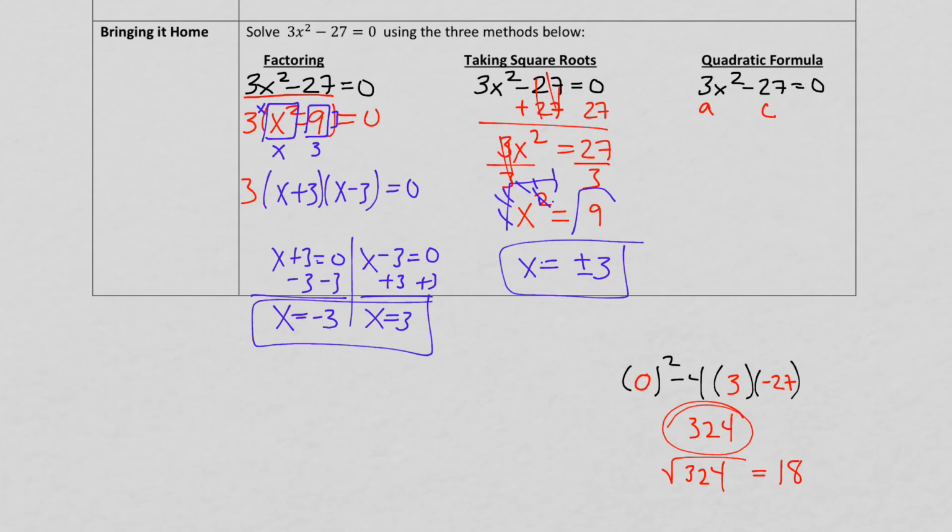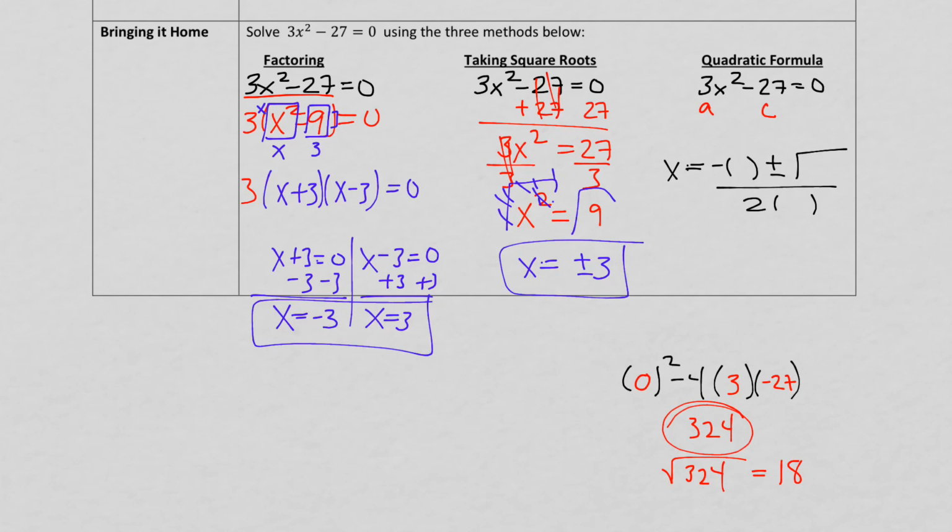So let's finish this off by using the quadratic formula. x equals negative b plus or minus the square root of the discriminant, all over 2 times a.